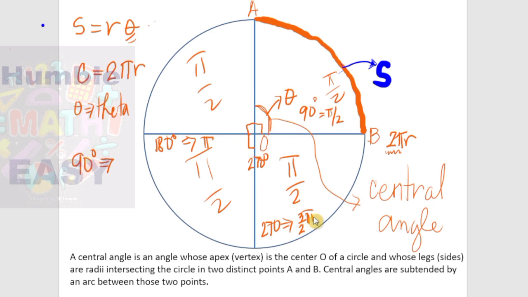And the whole part is 2 pi, given the radius that we have in a circumference.